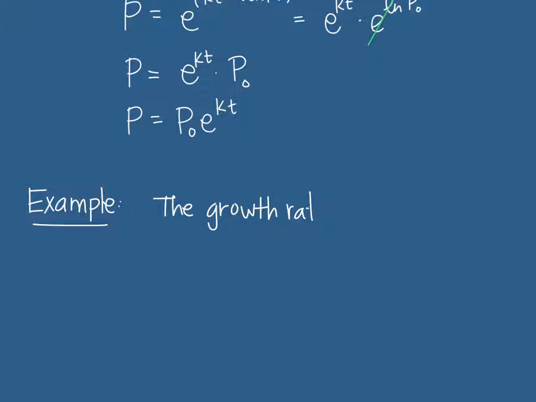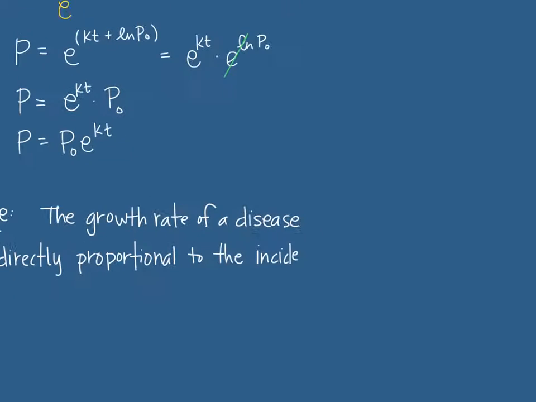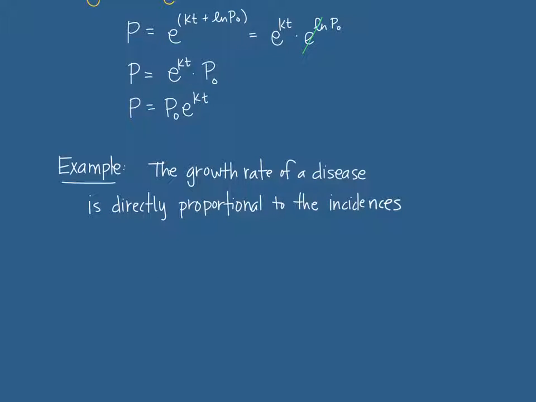The growth rate of a disease is directly proportional to the incidences or cases of the disease itself.